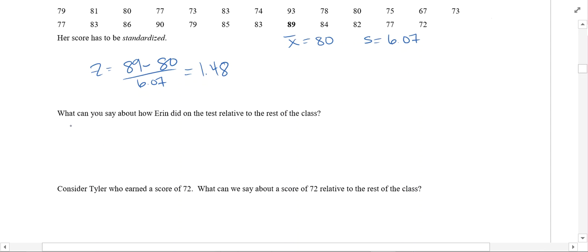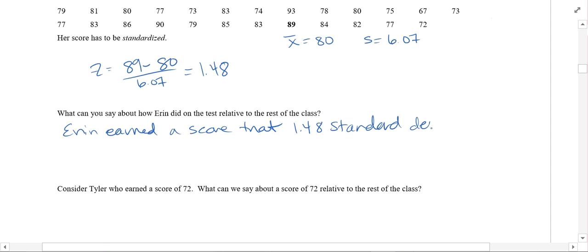Erin earned a score that is 1.48 standard deviations above the class average.